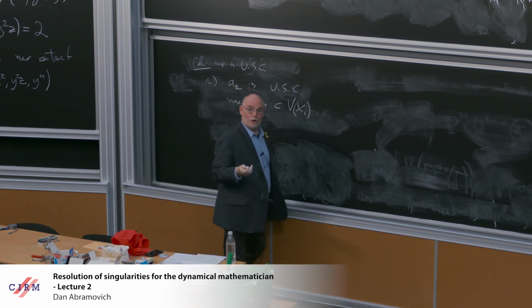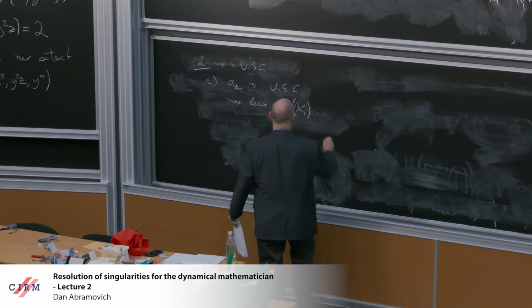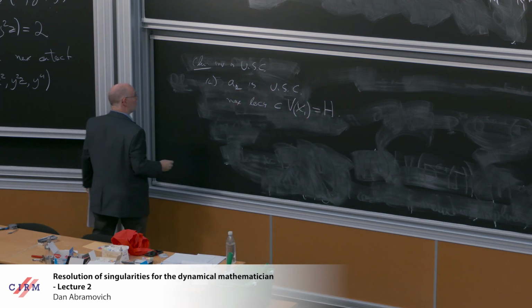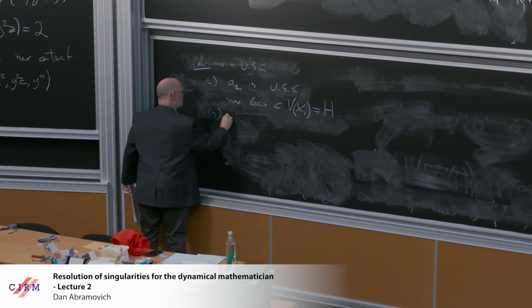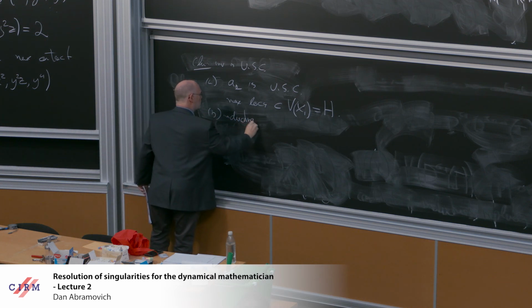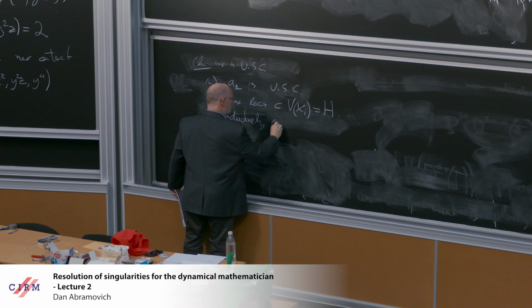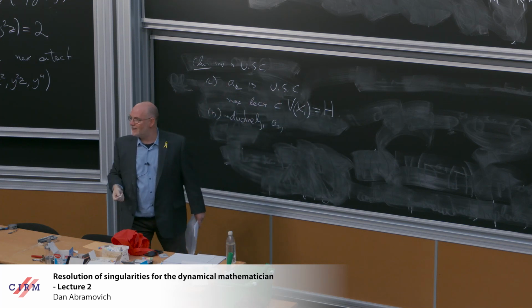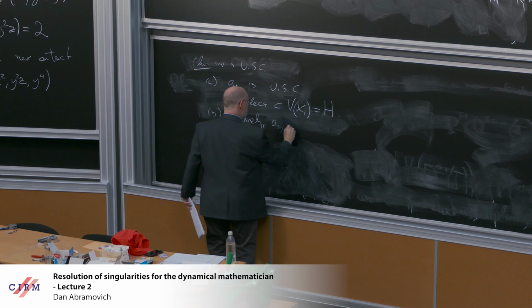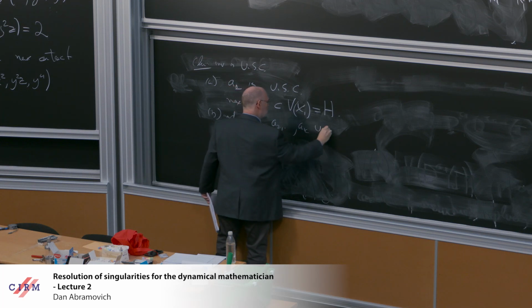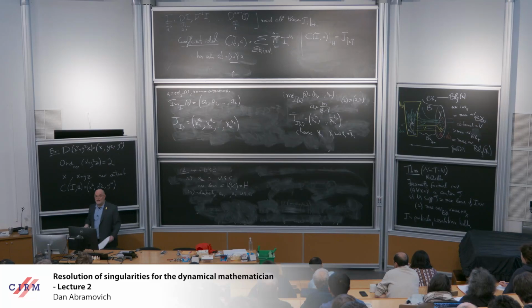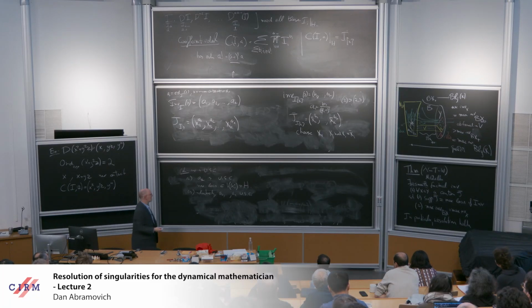So I might as well look at H. And inductively, B2 through BK, and therefore A2 through AK is upper semi-continuous. So this together says that the invariant, lexicographically ordered, is upper semi-continuous.